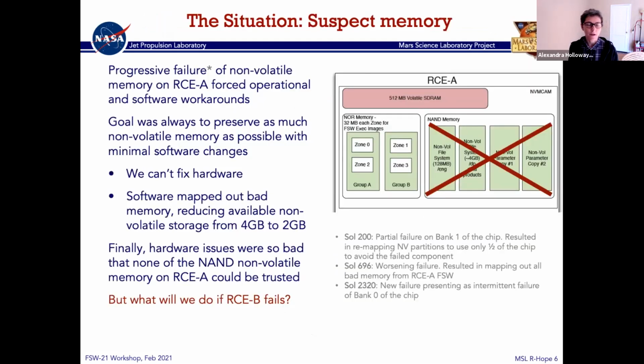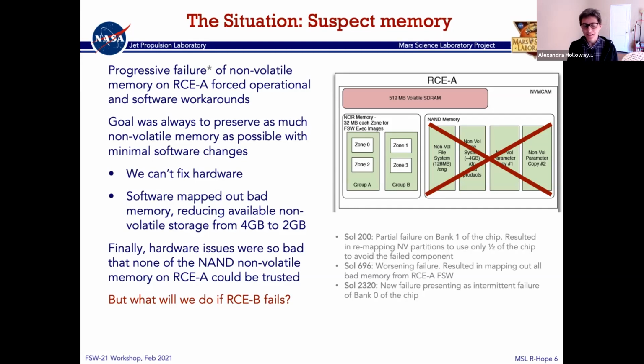So we're going to focus on the non-volatile memory. What we saw is progressive failure of the non-volatile memory on RCE-A. And we had to enforce some operational workarounds and some software workarounds. The goal was always to preserve as much of the non-volatile memory as possible. We're talking about the NAND memory with minimal software changes, because of course we can't fix the hardware.